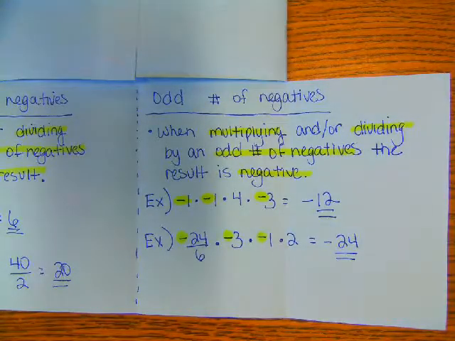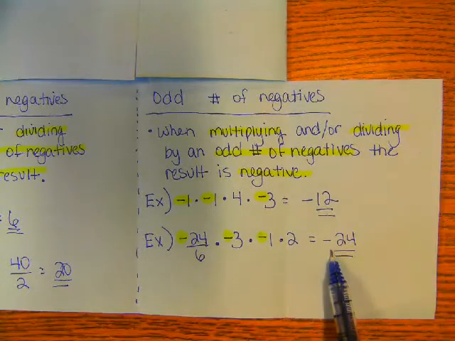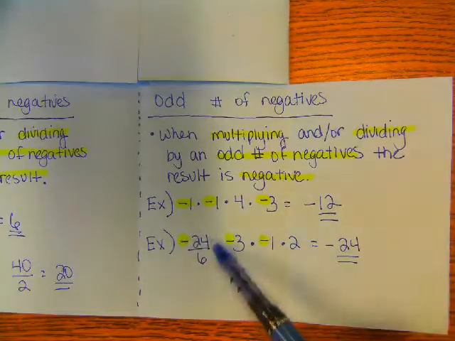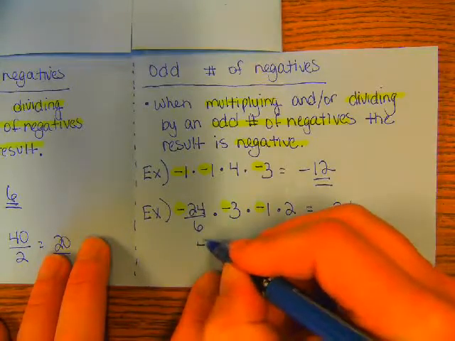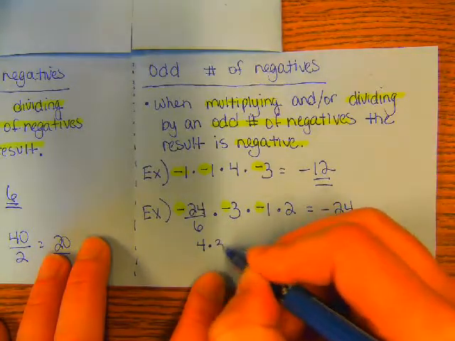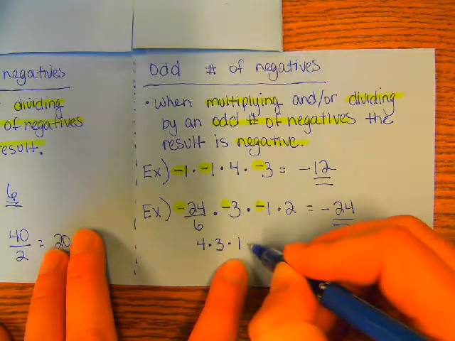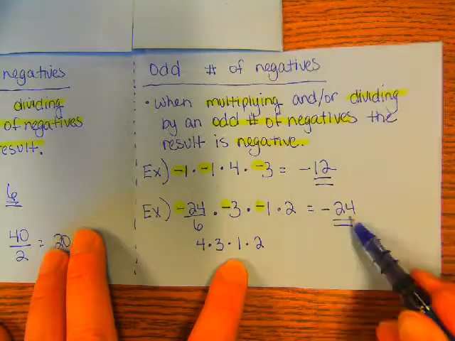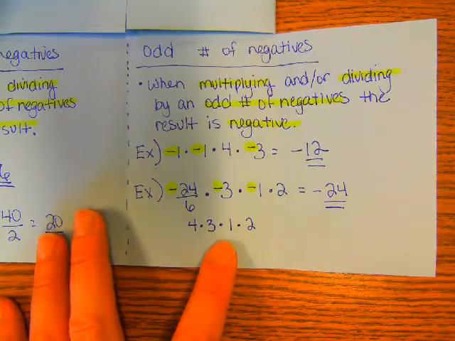Can somebody tell me how I got that? Like, what was going on here? So first of all, negative, negative, negative, I knew the result was going to be negative. What's 24 divided by 6? Isn't that just 4? Times 3 is 12. Times 1 is still 12. It's the 24. That's how I got that.